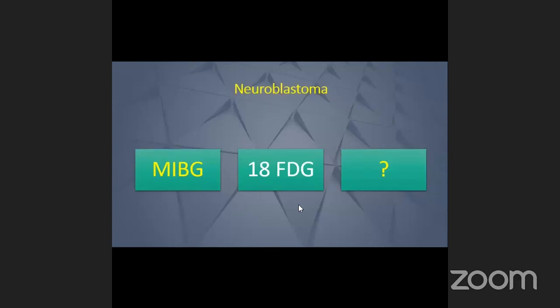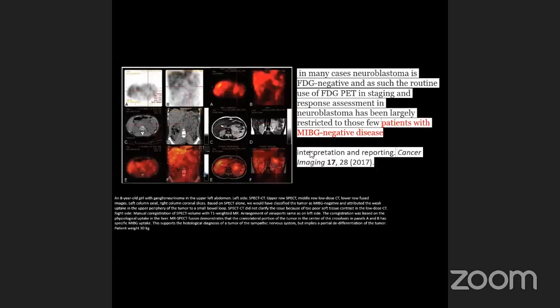Also just to mention, in neuroblastoma, the most widely used tracer is MIBG. And in some types of resistance, with non-MIBG uptake, we use the FDG, but there are other new tracers, okay? For example, in this patient, they used the MIBG and it was negative, and they used the FDG and it was positive.